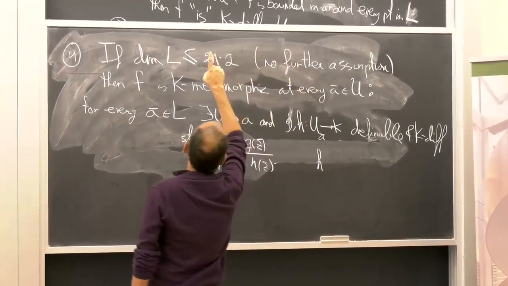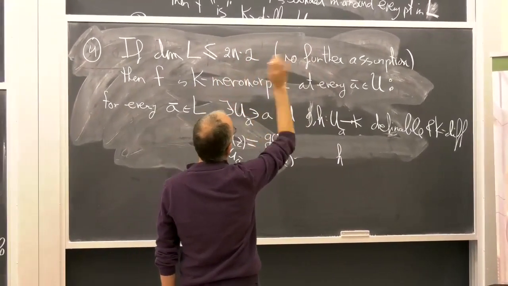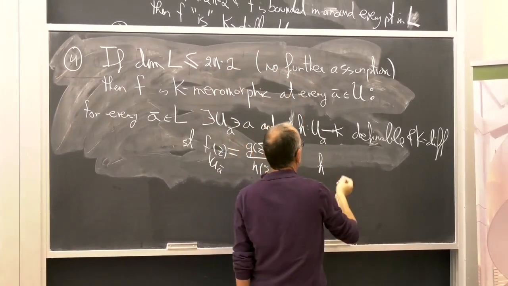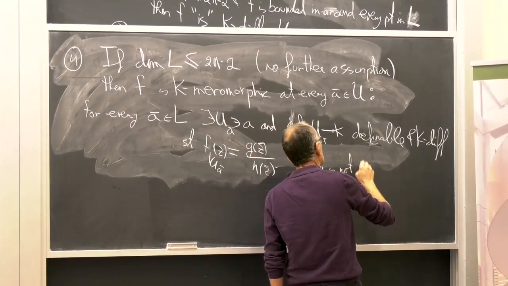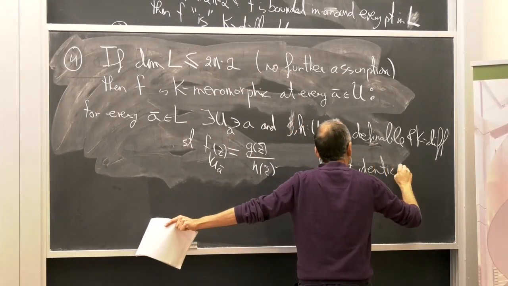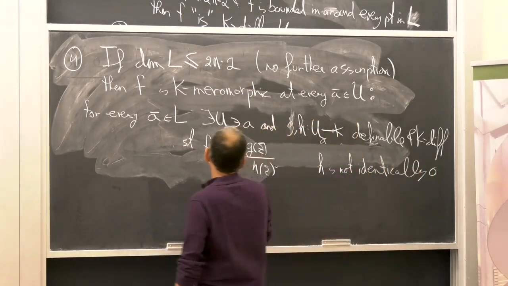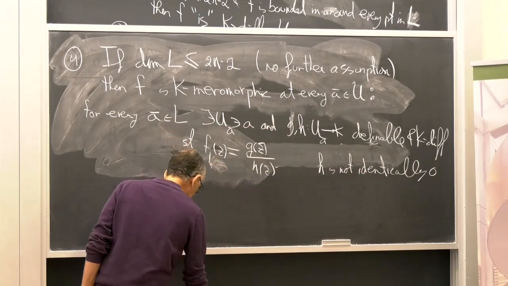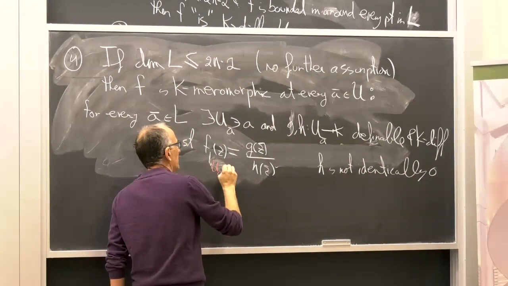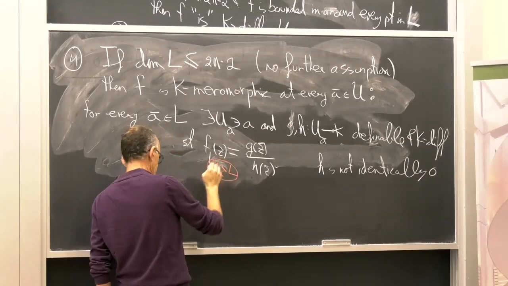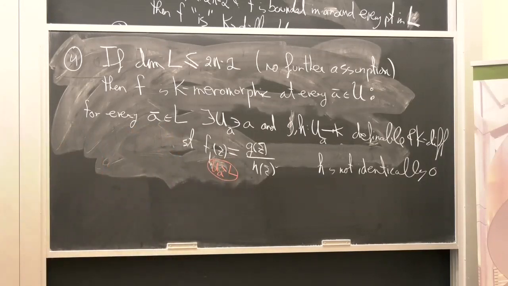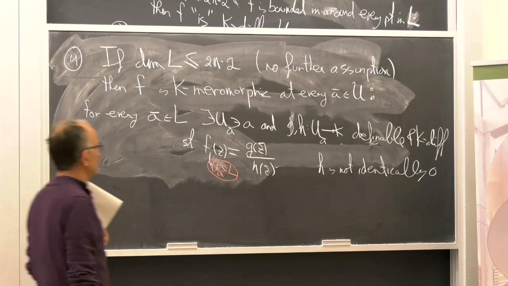And I have to assume that F is not identically constant everywhere, otherwise H is identically zero. I should say something, sorry, this is wrong. This is not on U_A, because F is not defined on U_A, I mean U_A minus L. In that case, maybe you should require that H is non-vanishing on U_A minus L. Yes, you're right.